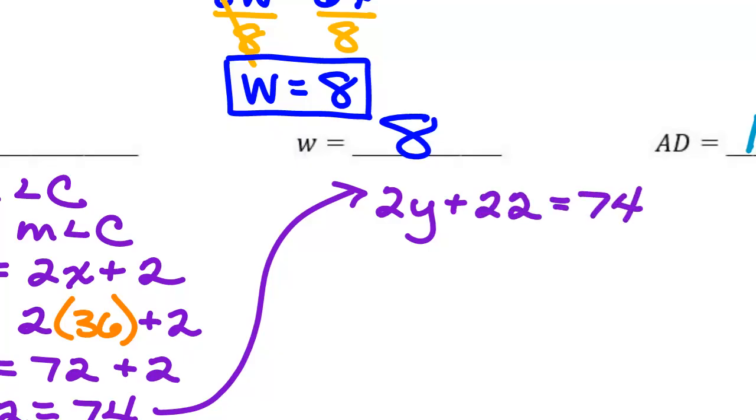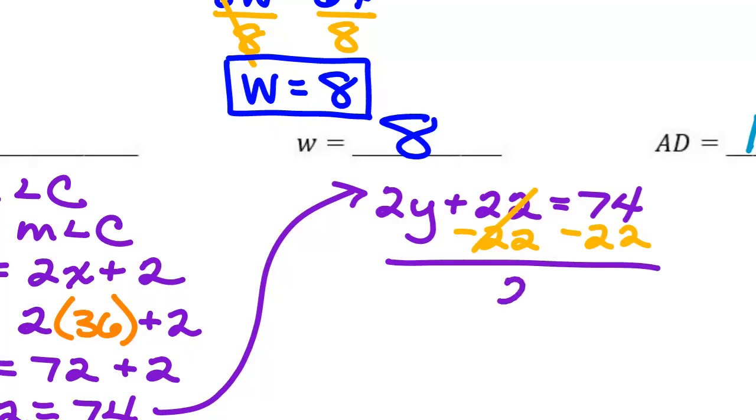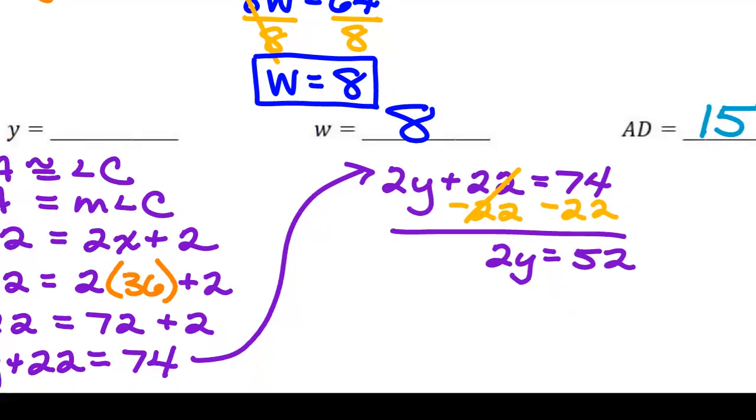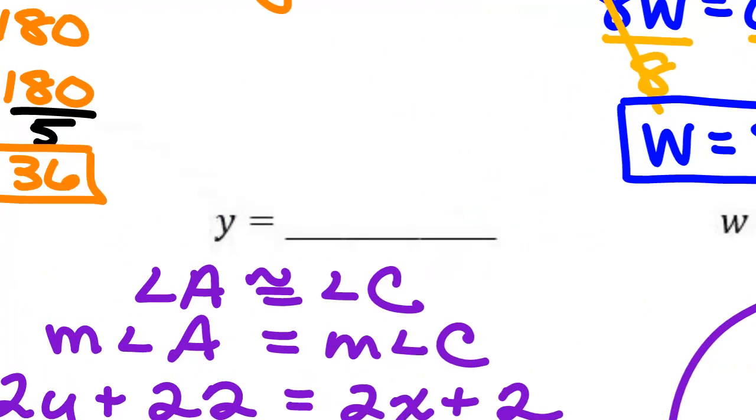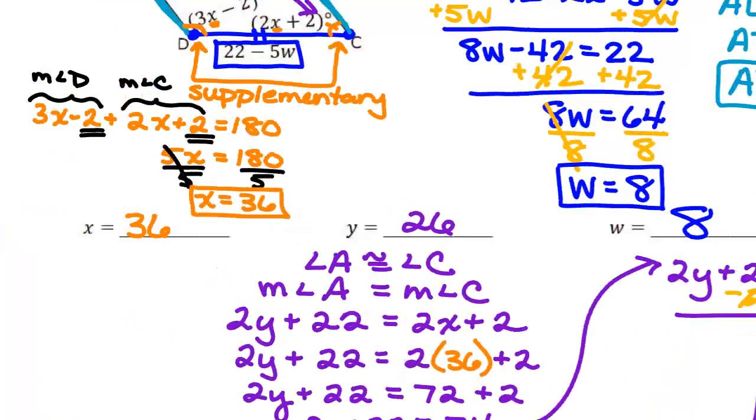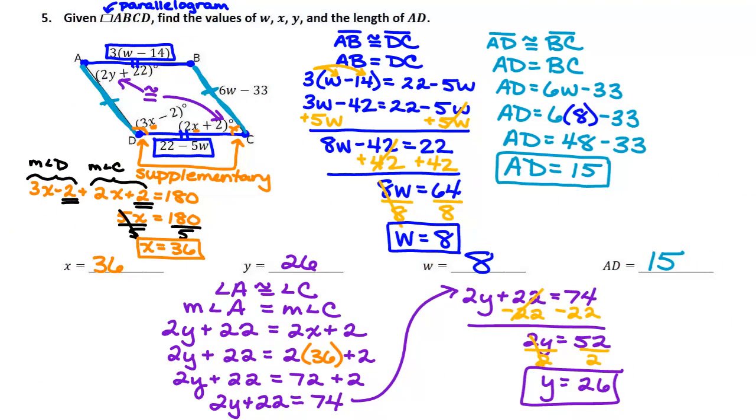What should I do next? Subtract 22 from both sides. What is 74 minus 22? So 2y equals 52. And then we divide both sides by 2. And that means y is what? y is 26. Very nicely done.